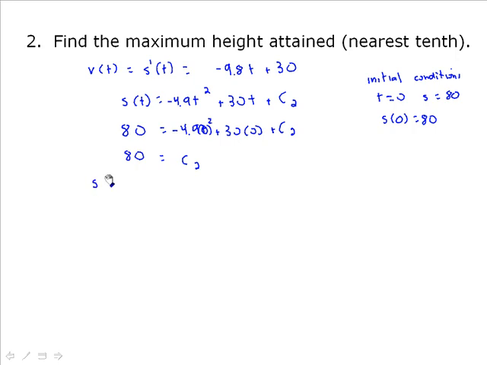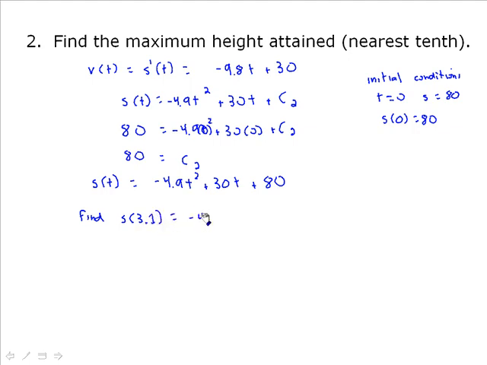So the position function looks like this. S at t is equal to negative 4.9 t squared plus 30t plus 80. And we want s at 3.1, so its position when it's at maximum height.